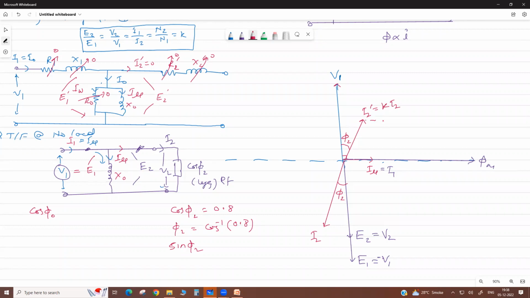Now the vector sum of these two currents, my dear, is your primary current at load, I1. Now the phase difference between V1 and I1 is phi 1. So this I1 is your primary load current, and cos phi 1 is your primary power factor.